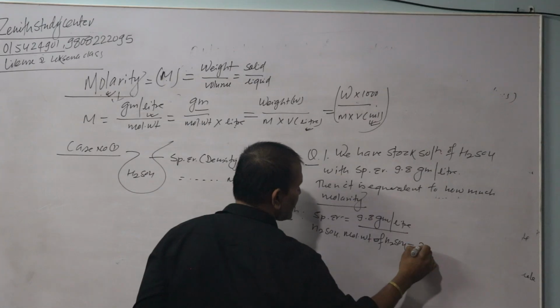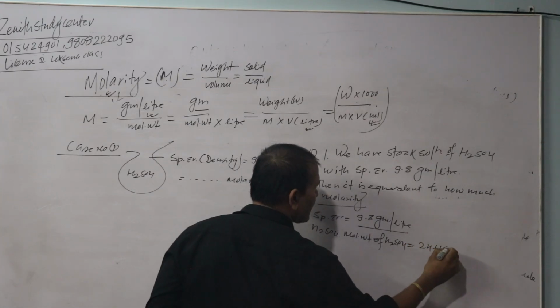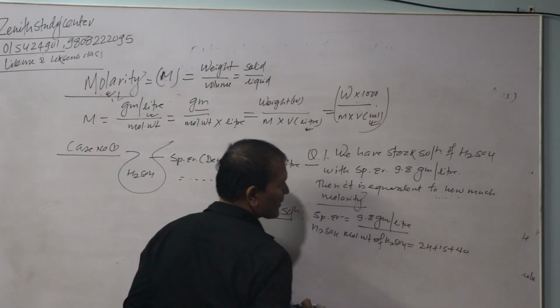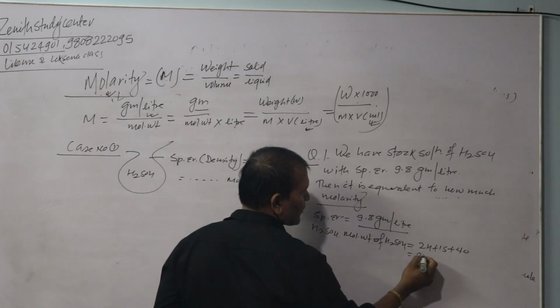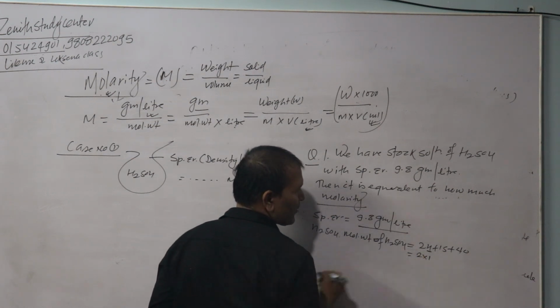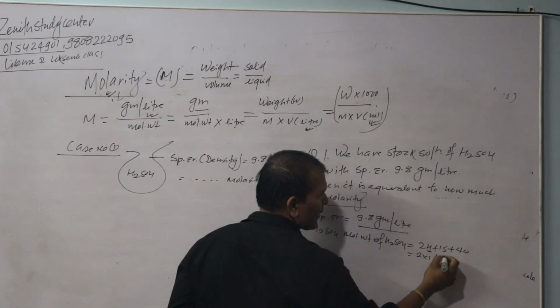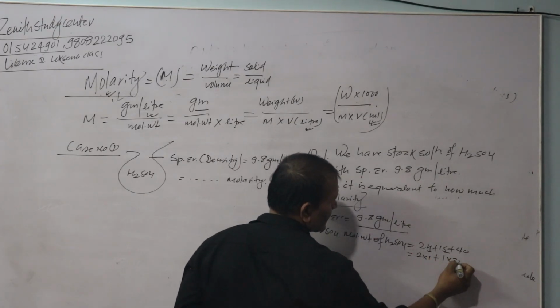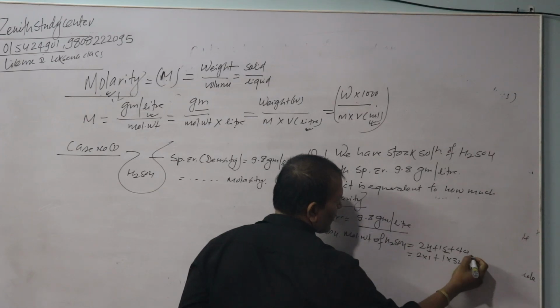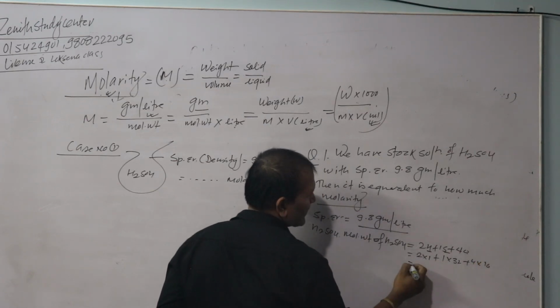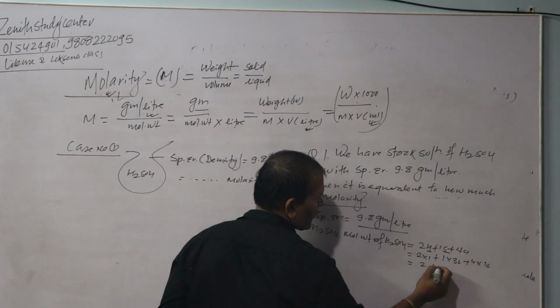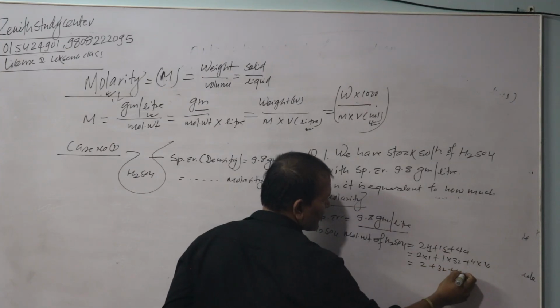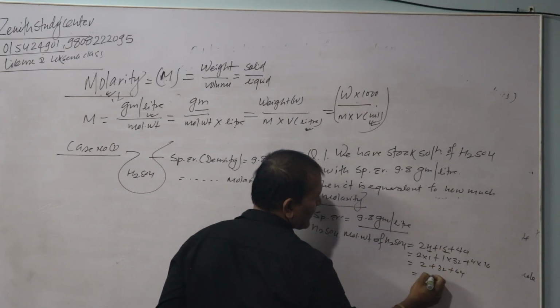It means 2 hydrogen, 1 sulfur, 4 oxygen. So 2 into hydrogen's atomic weight 1, plus 1 into sulfur 32, plus 4 into oxygen 16. So we have calculated 2, 32, 64, which is 98 grams.